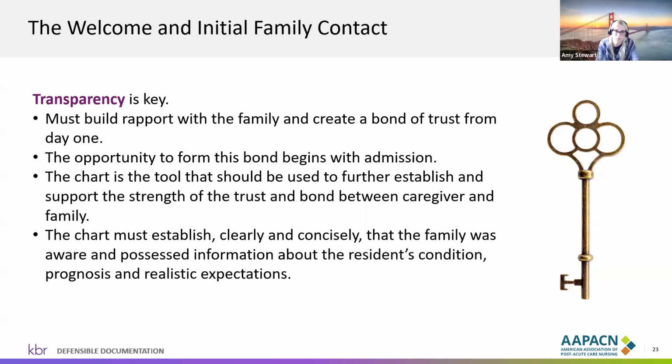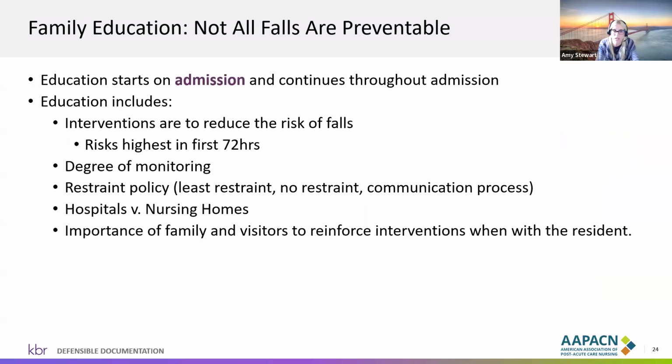Absolutely. We've also touched on the family education that not all falls are preventable. And I've definitely seen situations where this has absolutely saved facilities. My own father was in a nursing home, and I know they felt bad calling us to say he fell, he had dementia. But knowing the industry, I would tell my family, there's no way for them to prevent every fall.